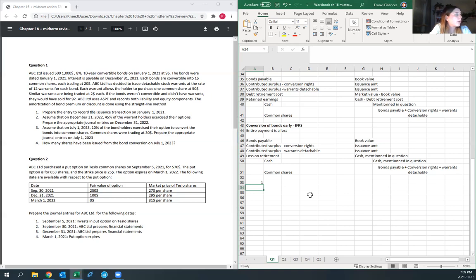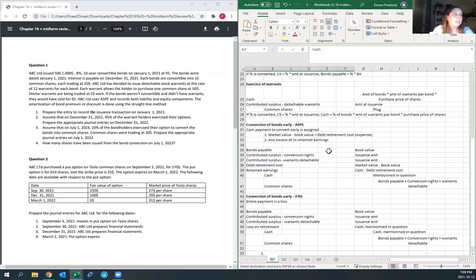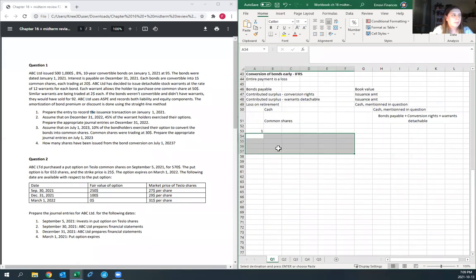So the first requirement is to prepare the entry to record the issuance transaction on January 1st, 2021. That transaction is the same one that we did here, so I'm just going to copy this and put it here. So your debit amount, your cash amount. How much cash did you receive? First you have to see the issue price, like the normal price of the debt.